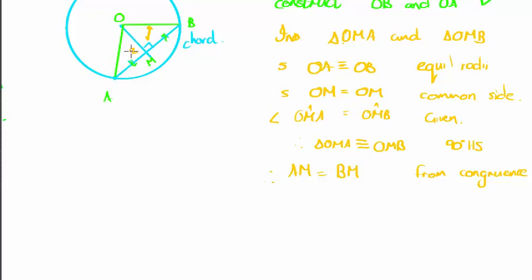So if I go from the center of the circle perpendicular to the chord, then I bisect the chord. It doesn't necessarily follow that if I bisect the chord, I've gone from the center perpendicularly. So it's a different theorem, and it also needs to be proved.